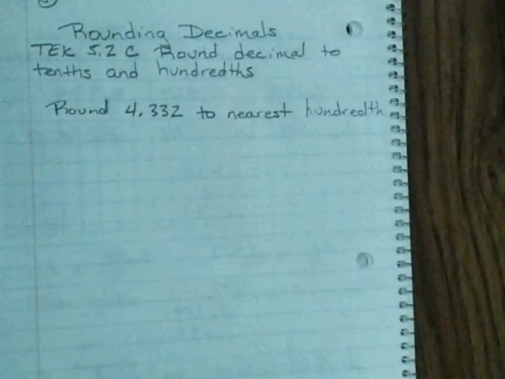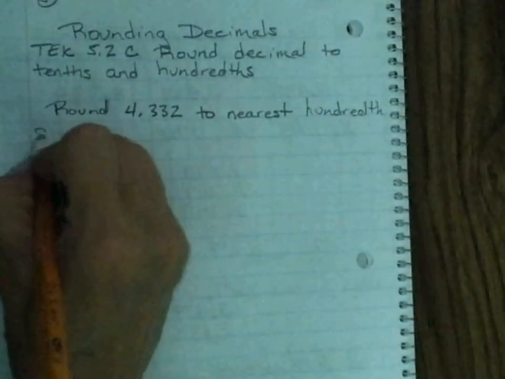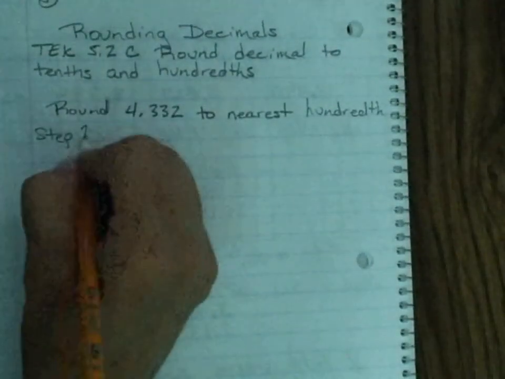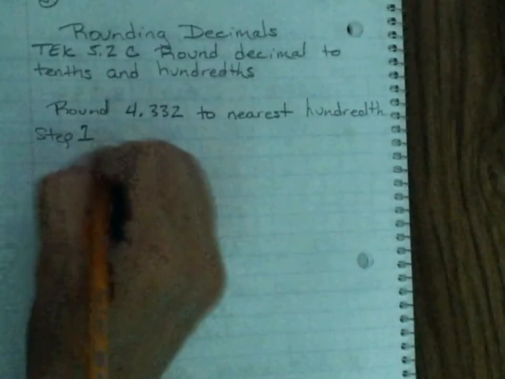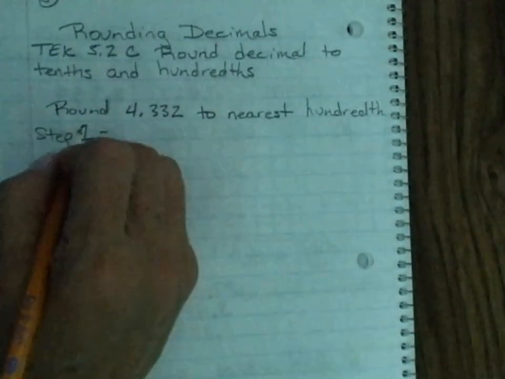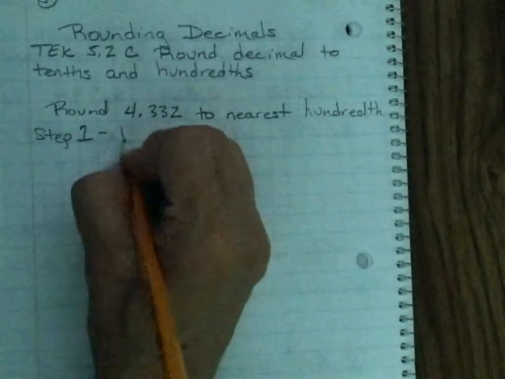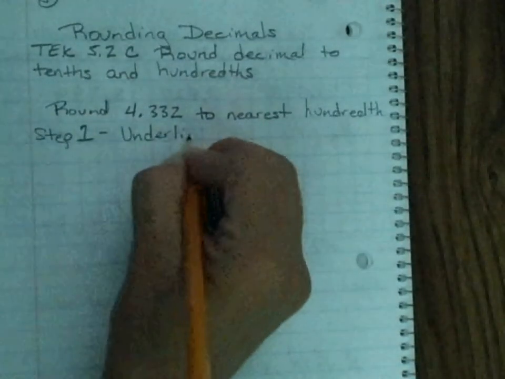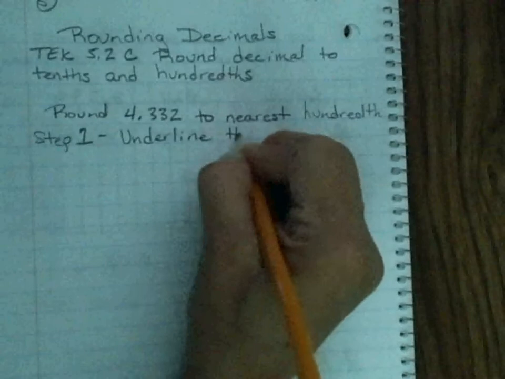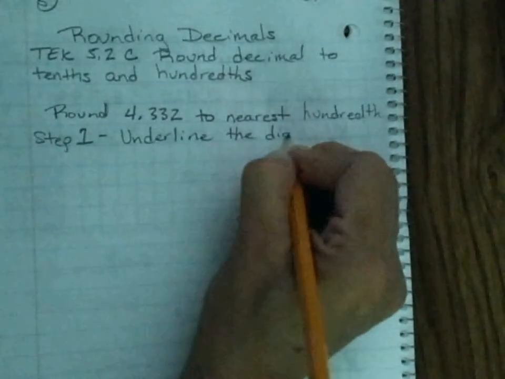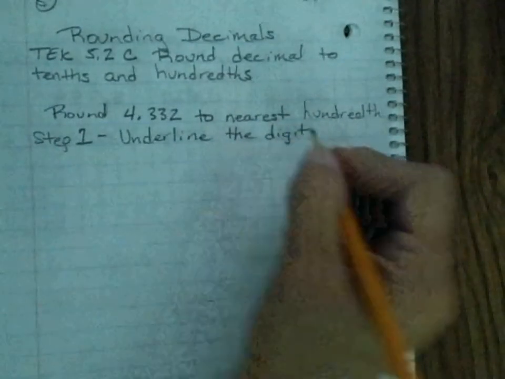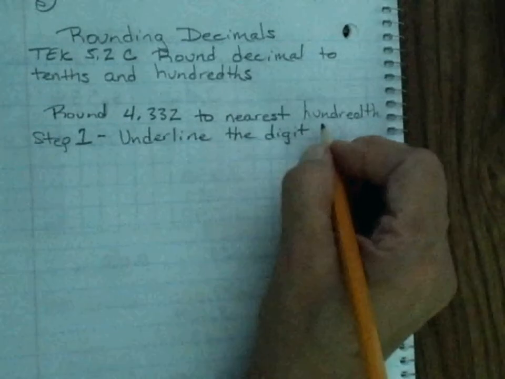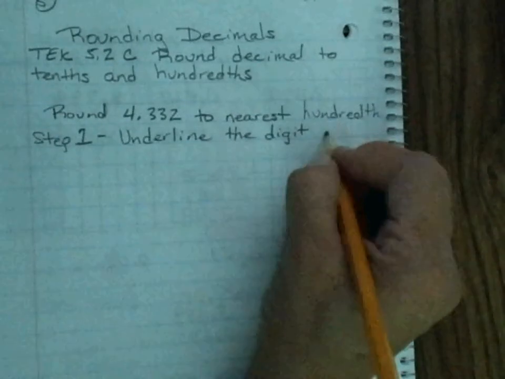Okay, well, the first thing we want to do, step 1, we want to underline the digit we want to round.